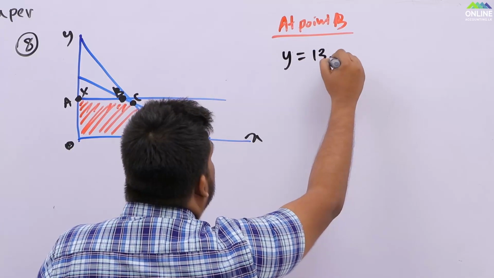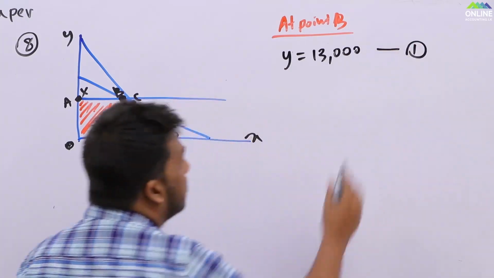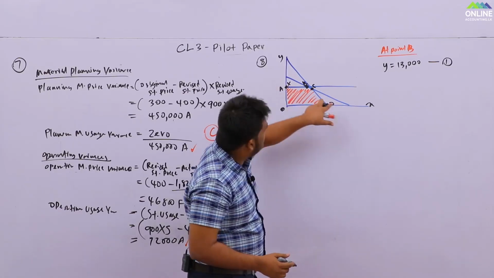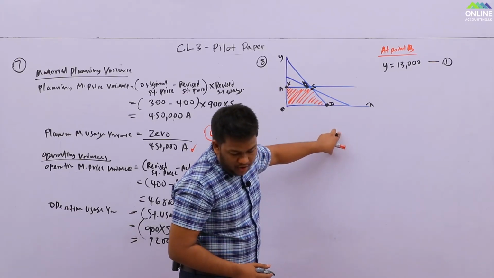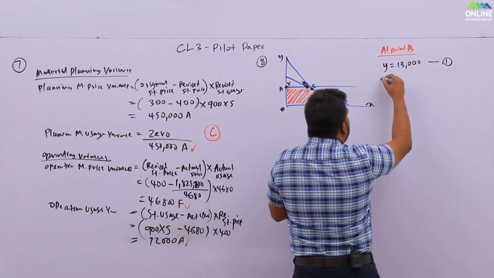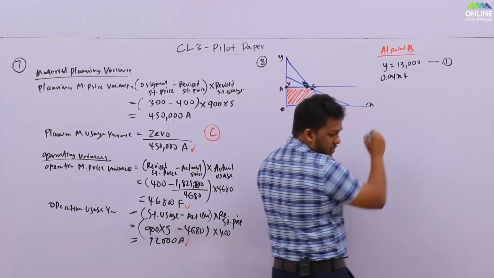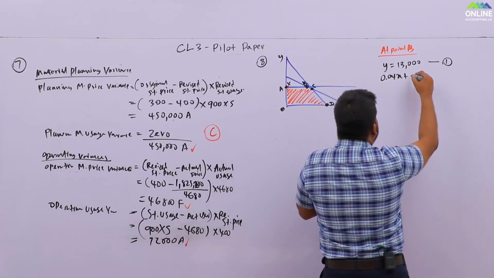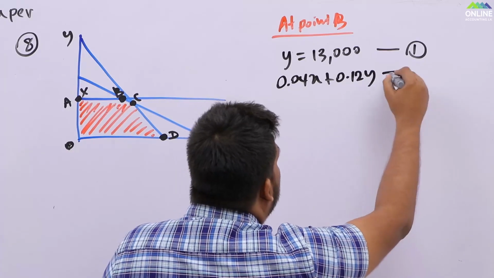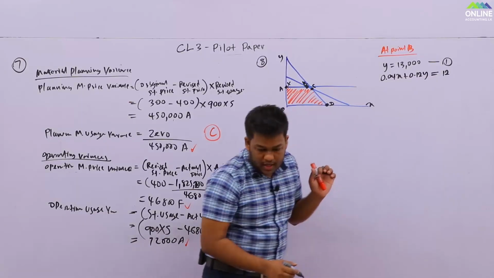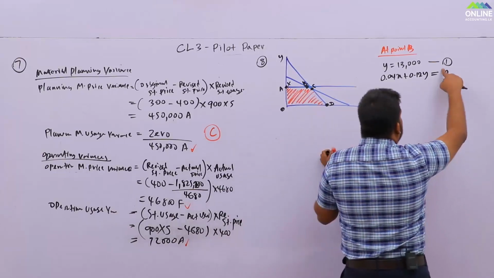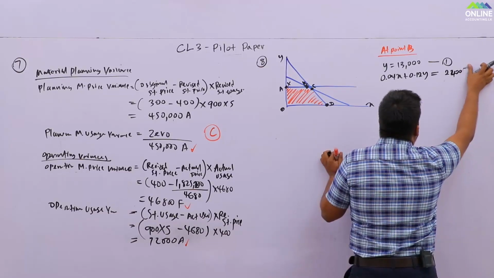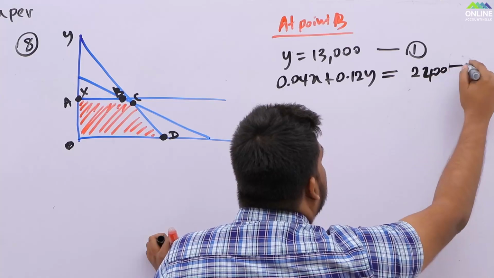And this other line, what is that formula? 0.04x plus 0.12y equals 2400. So this is the second formula.